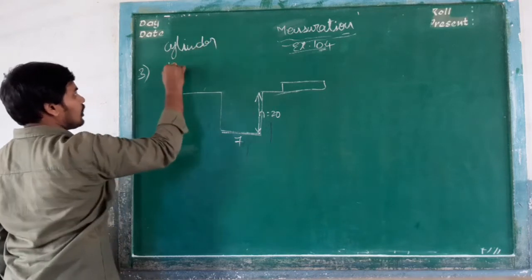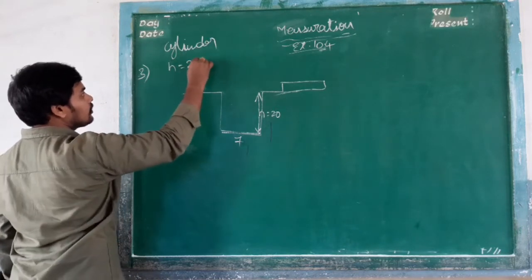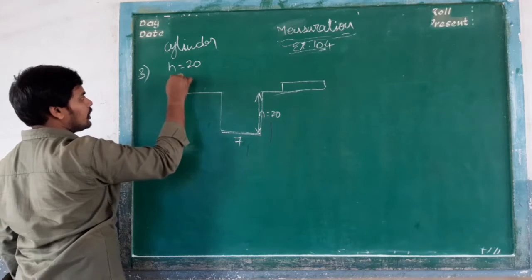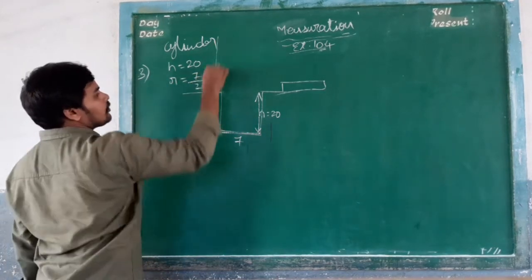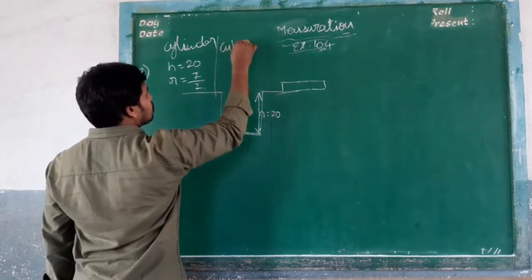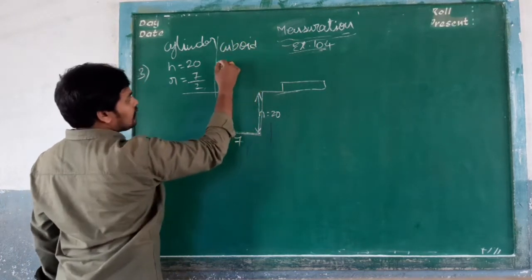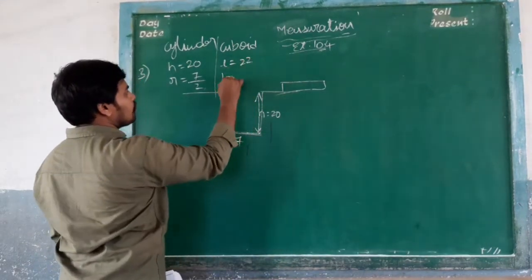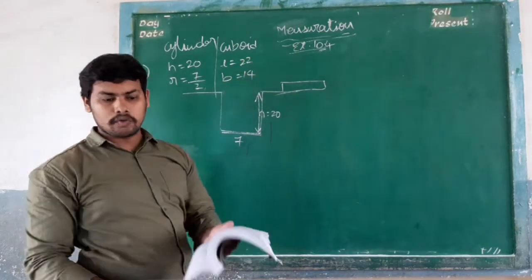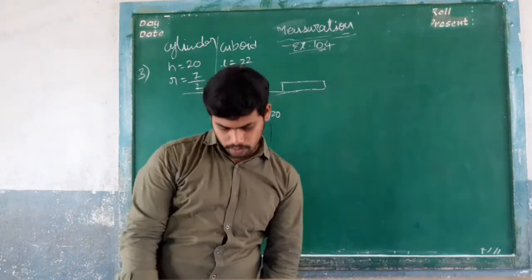Cylinder height is 20, radius is 7 by 2. Next one, cuboid. Length is 22, breadth is 14. We have to calculate the value of height of the platform.